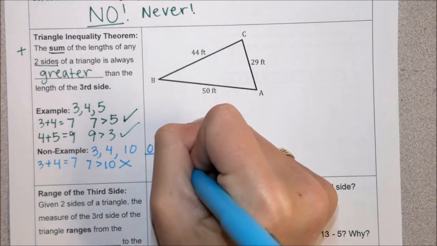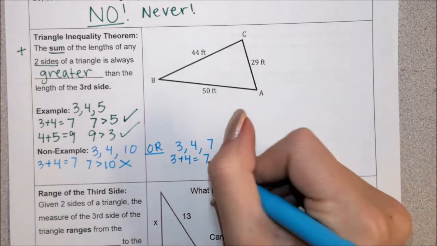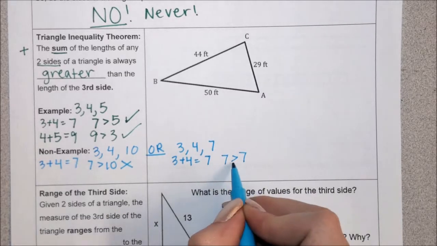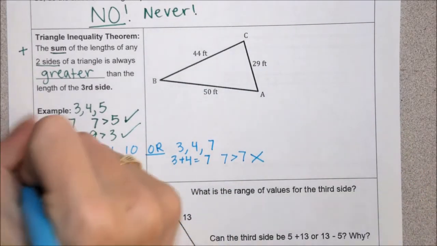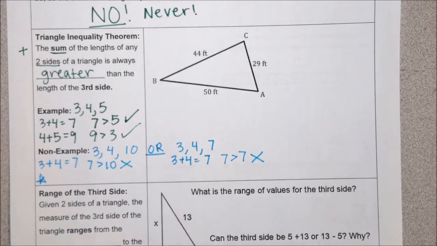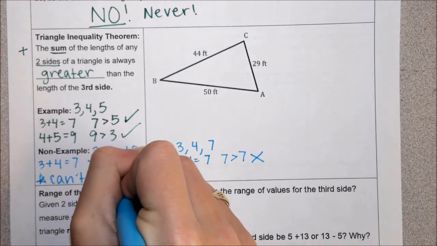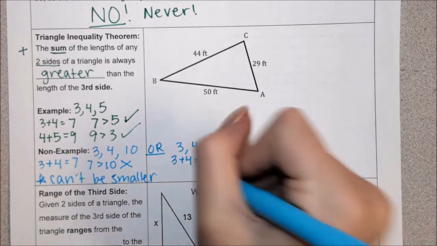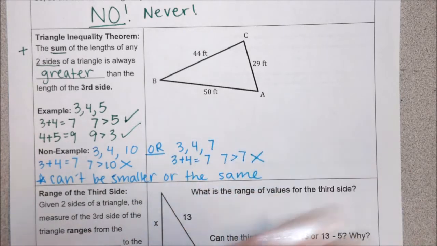So we've already seen that the sum of two sides, 3 and 4, is 7. Well, is this sum bigger than the other side? Is 7 bigger than 7? No, it's not. So what we've learned here is that the sum can't be smaller or the same. It has to be greater.